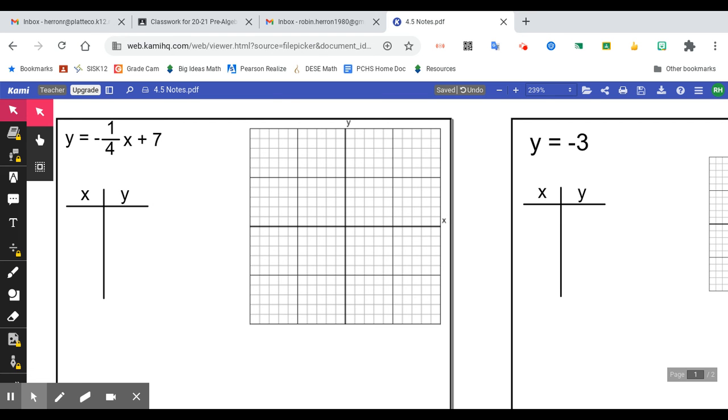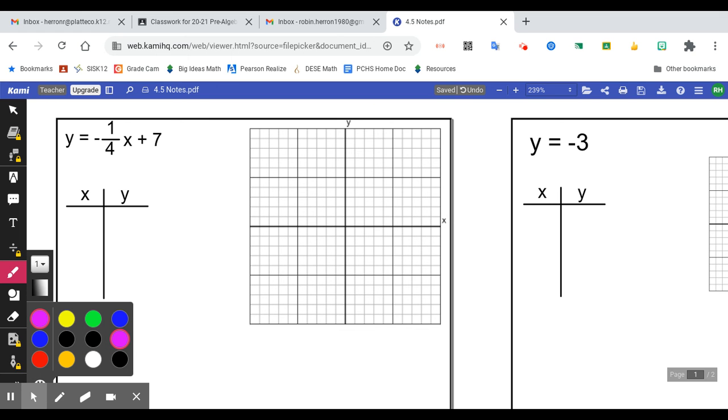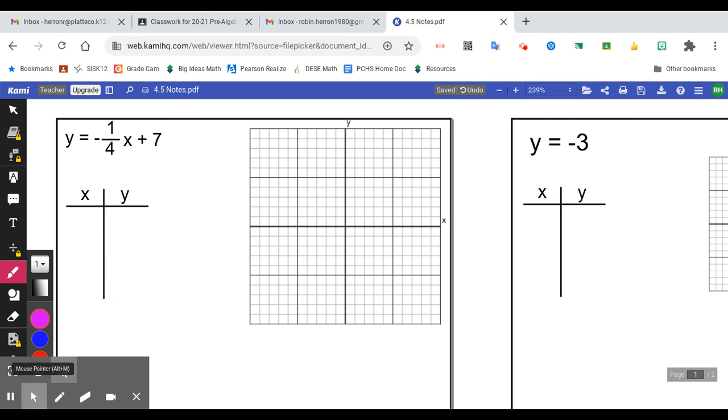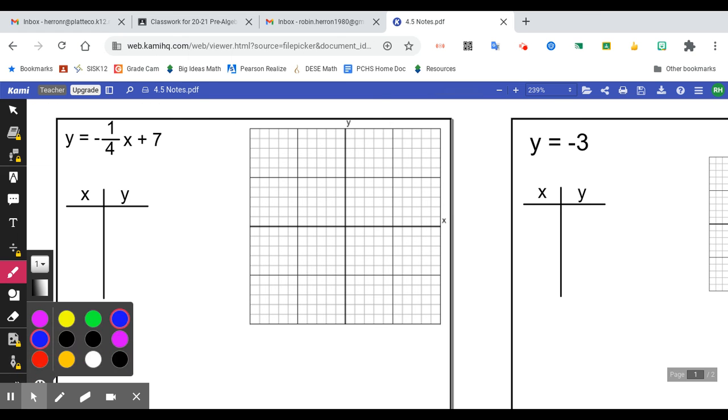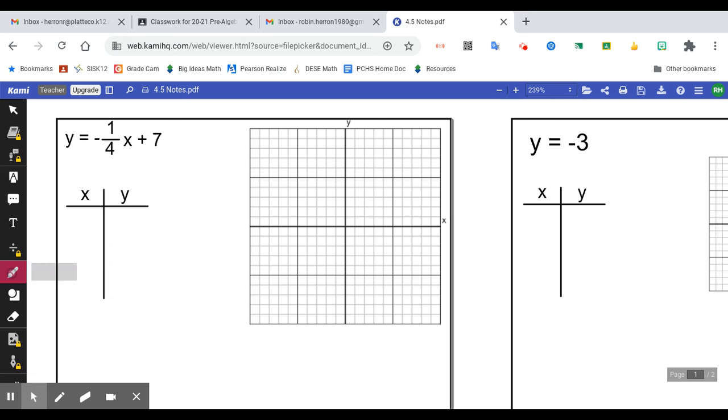All right, so I have -1/4 x plus 7. Again, another fraction. We're going to have another fraction, and we want numbers that are divisible by 4.